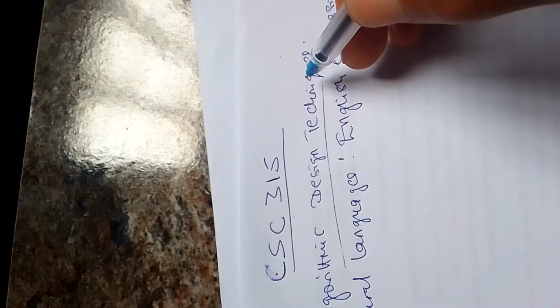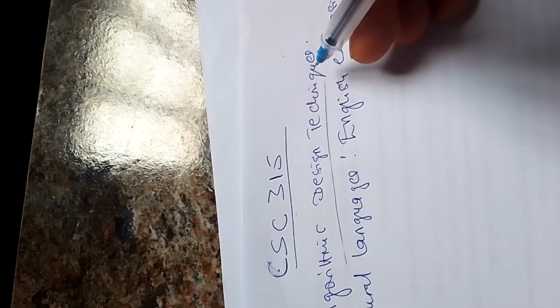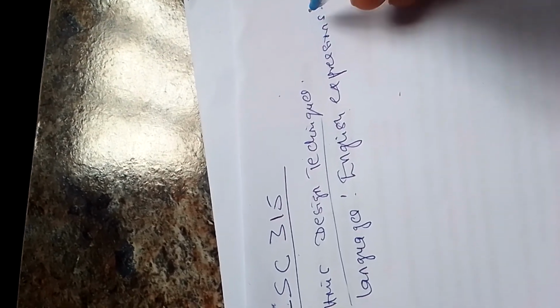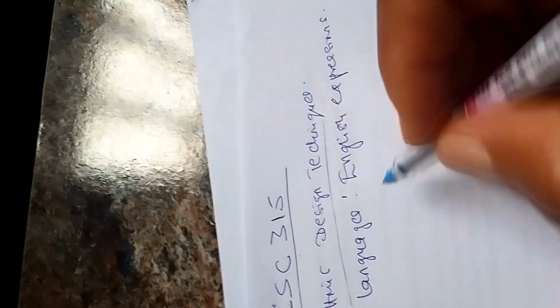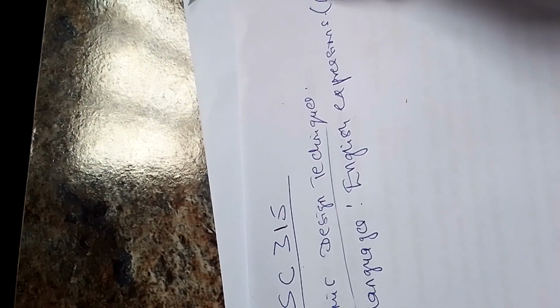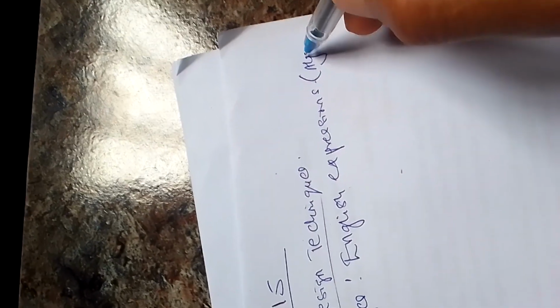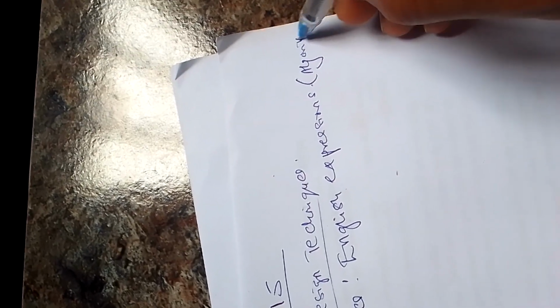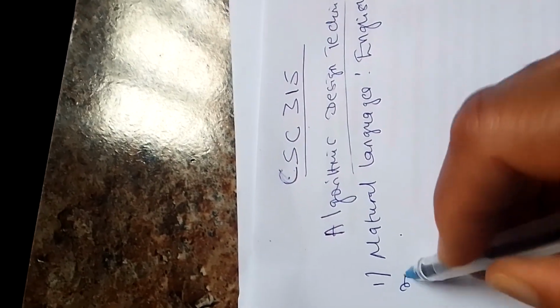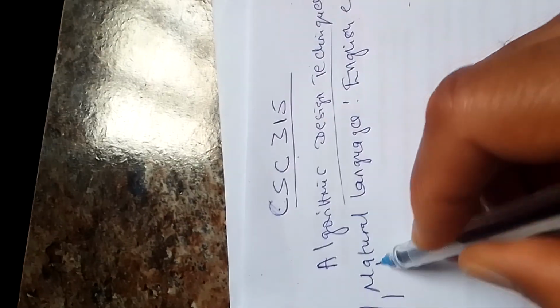So while you are designing your algorithm, you can use English to express the algorithm. Once you are doing that, you are writing an algorithm, and this algorithm will be in English language.